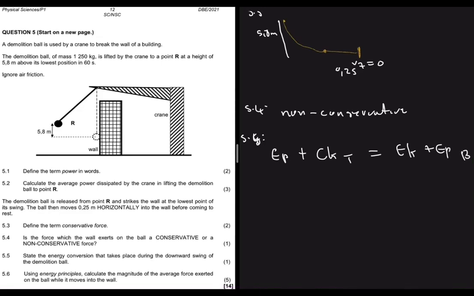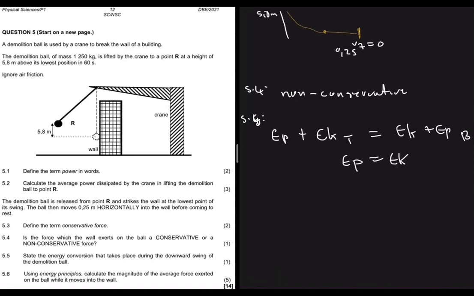At the top, it's stationary, so EK is 0. So we only have EP. And then at the bottom, we've exhausted the height. The height is now 0, right? So our EK is the only thing we have. The EP is 0. So the energy conversion is potential energy to kinetic energy, right?